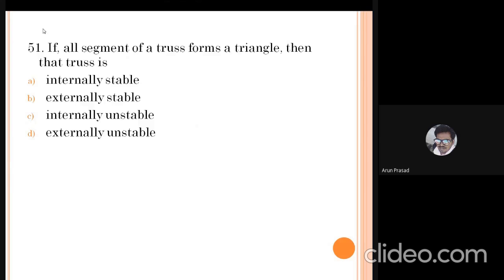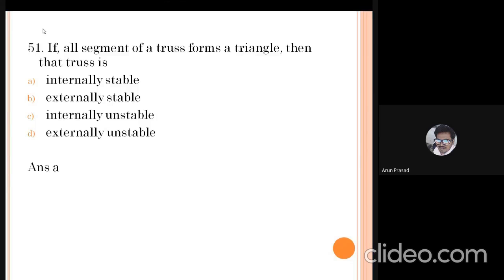So what will be the answer here? It will be internally stable, because each segment forms a triangle. So it is stable internally.